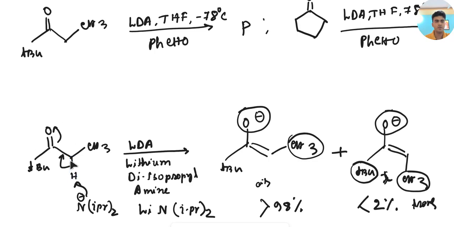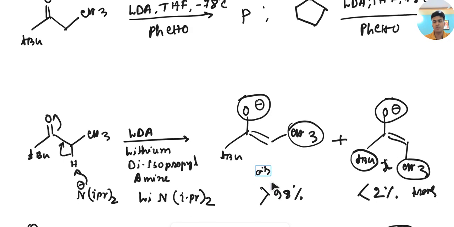As the base is bulkier, preferentially the cis enolate will be formed, because in the trans enolate there will be a steric interaction between the tertiary group and the methyl group. This is the kinetic control reaction. But if the temperature is high, then the outcome may be different.